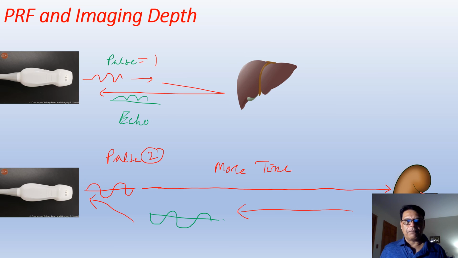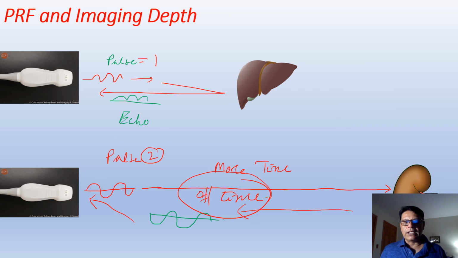And this time, we know that is the off time, in which it has to wait for its pulse. So the greater the distance between the transducer and the target organ, the longer it has to wait, so its off time will increase.